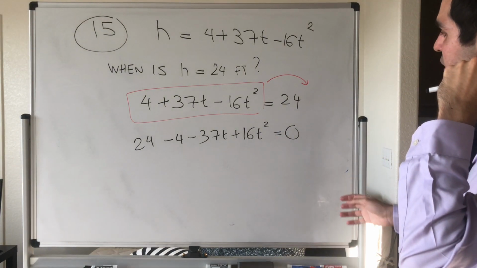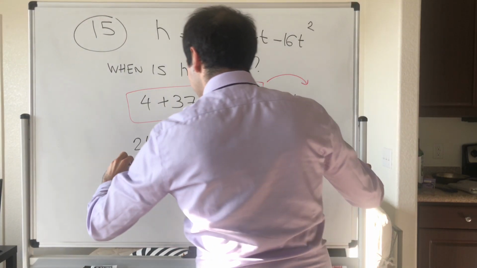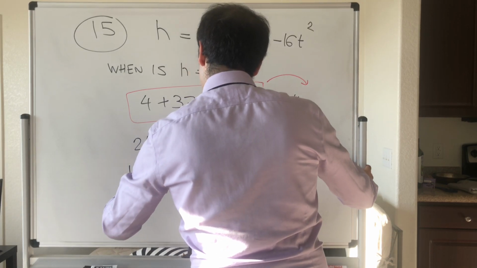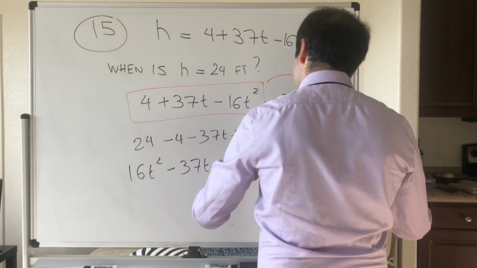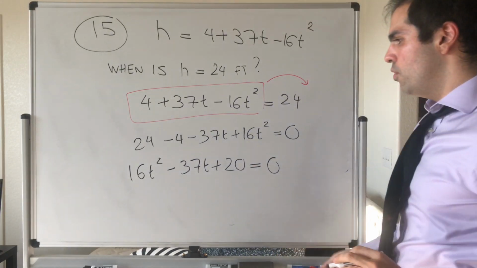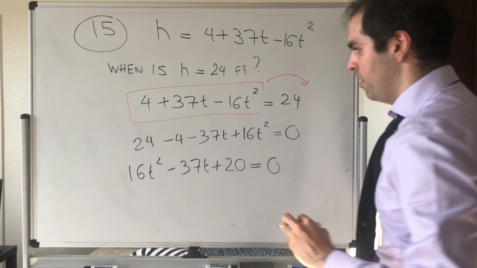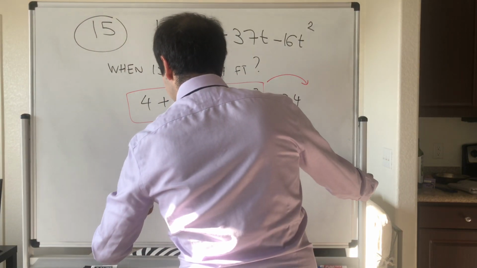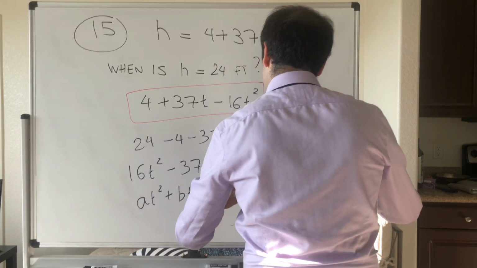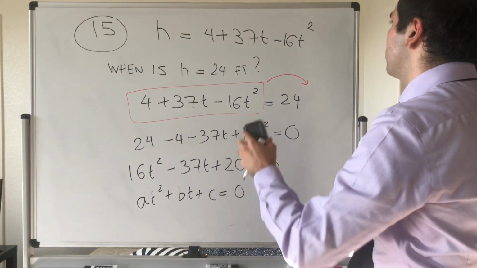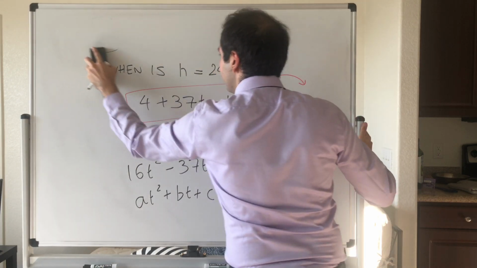You can simplify this a little bit, so you get 16t squared minus 37t plus 20 equals 0, which is another quadratic equation. Again, this is at squared plus bt plus c equals 0. And then you can just solve for t as follows.